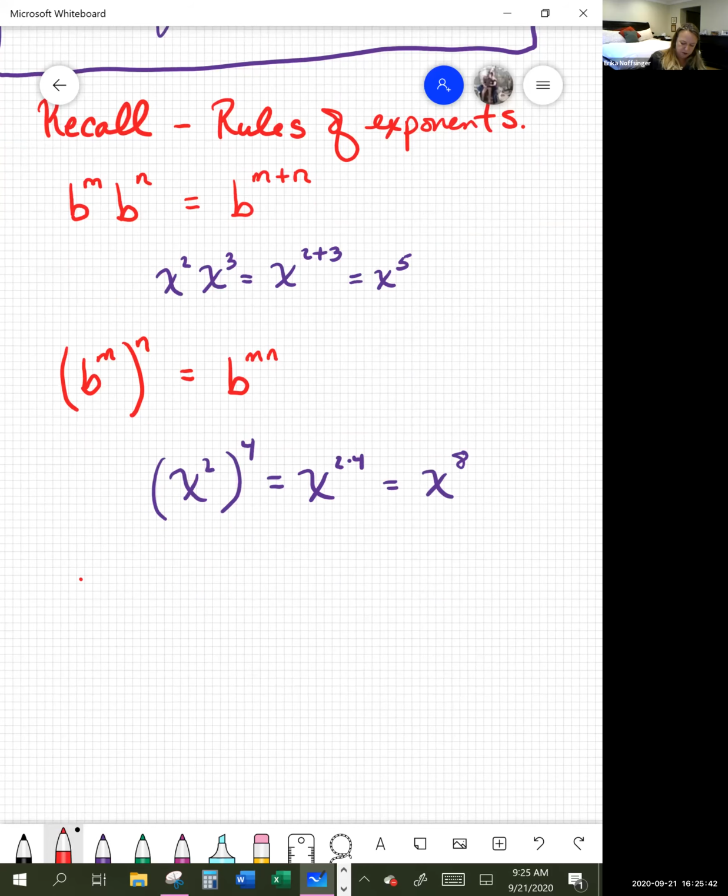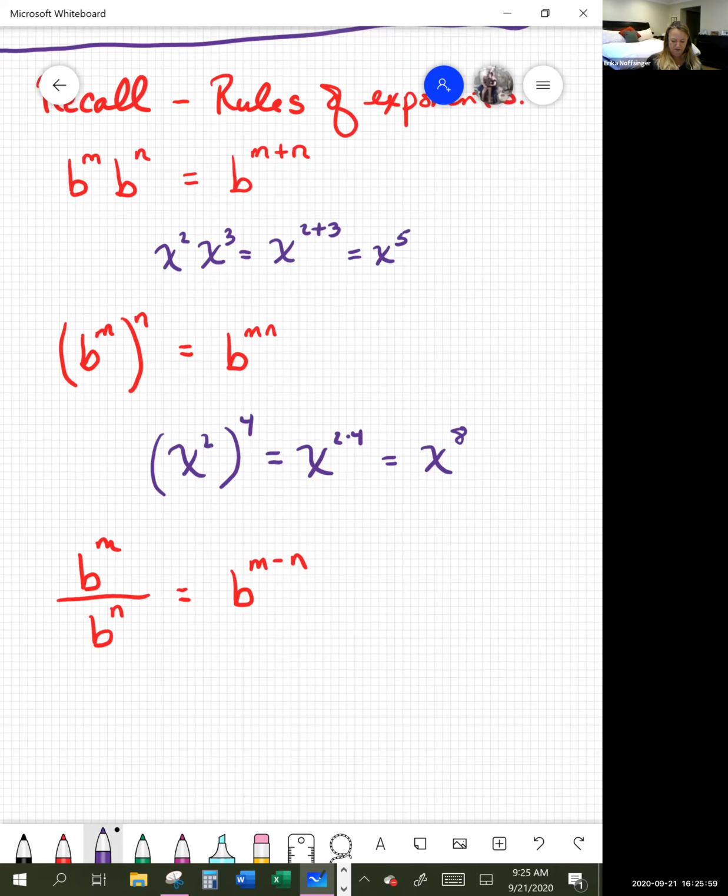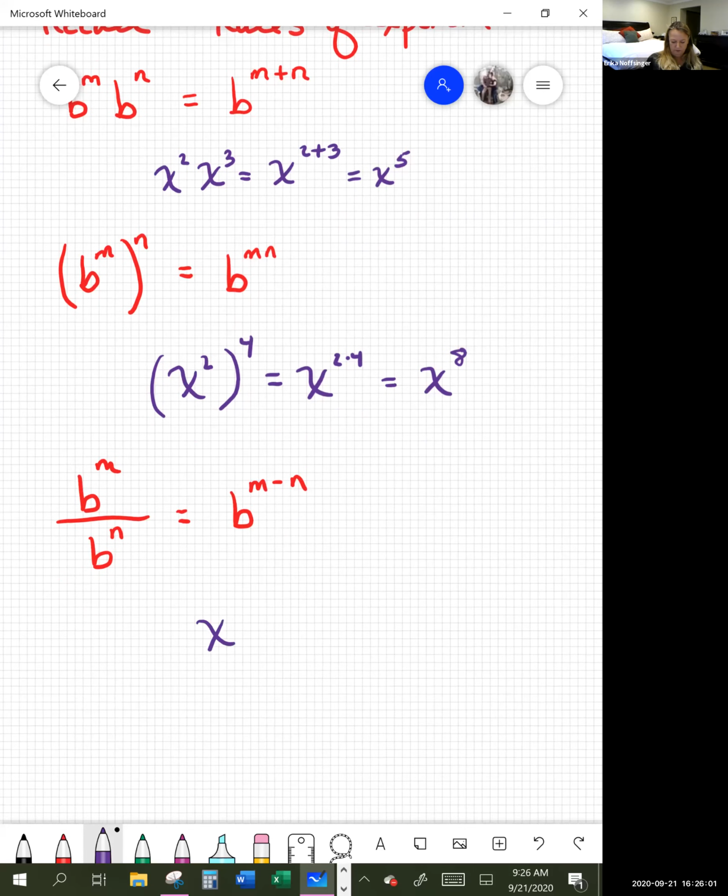Division, so same base. You had b to the m all divided by b to the n. It would be b to the m minus n power. So maybe x to the 5th all divided by x cubed. This would be x to the 5 minus 3 power, or x squared.